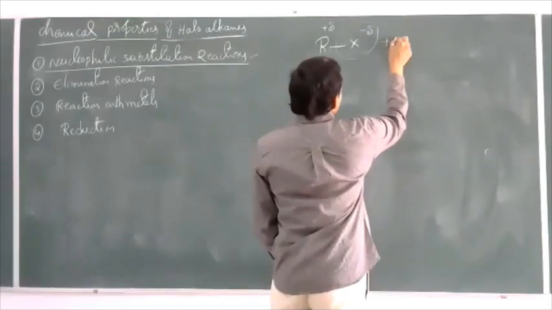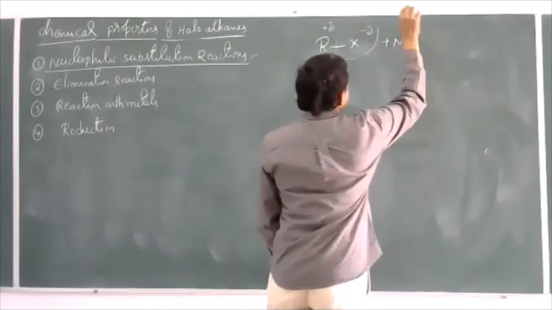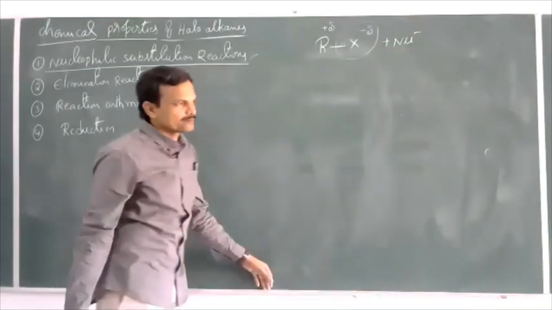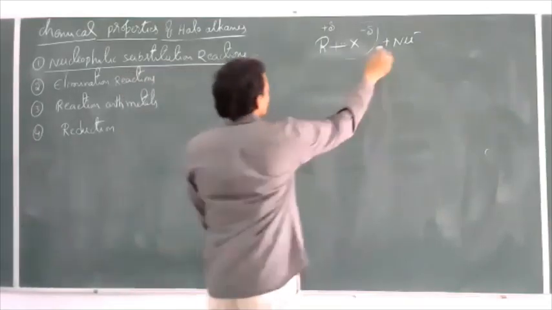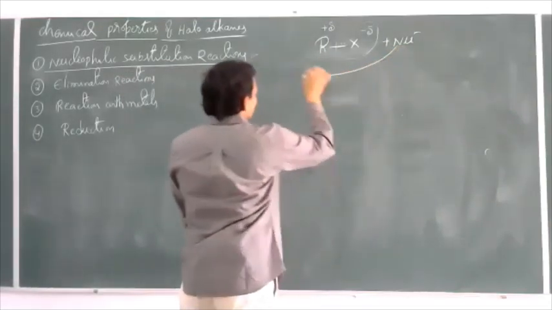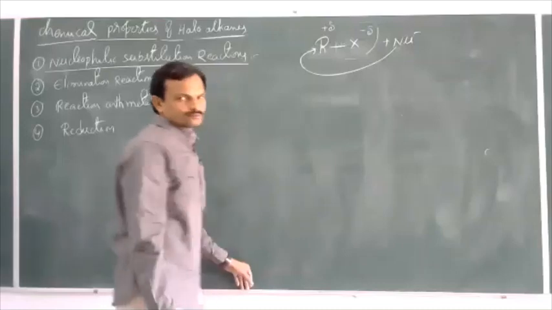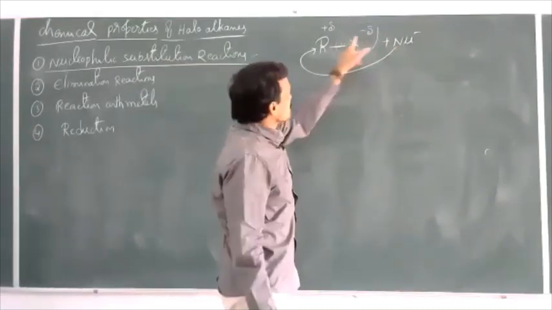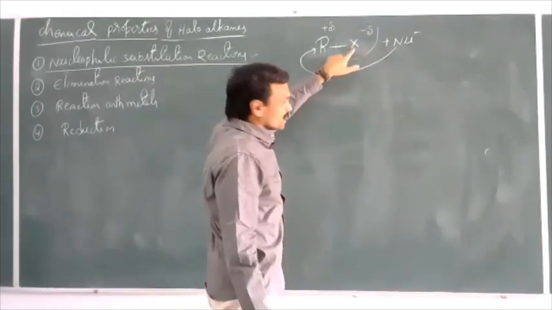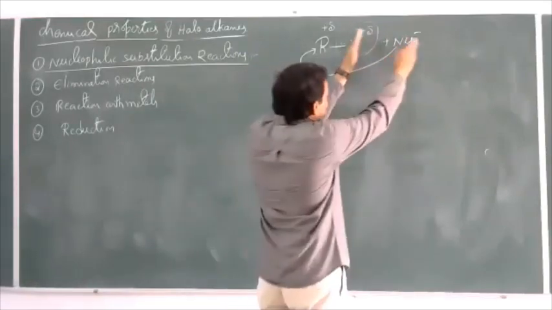When this haloalkane is attacked by a nucleophile, the nucleophile can attack from the rear side. If the nucleophile approached from the halogen side, both already have negative charge and would repel each other.